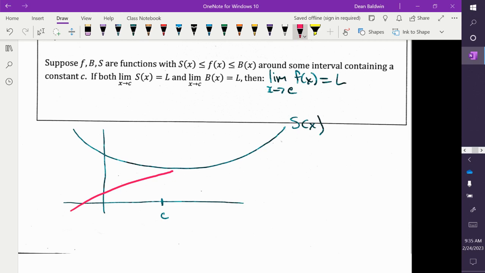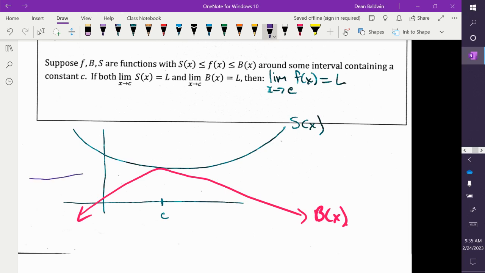Oh, helps if you draw it right. There's b of x. And we know that f of x is between them. It's not the best drawing, but.